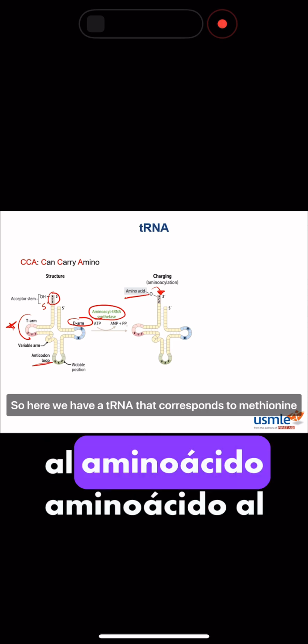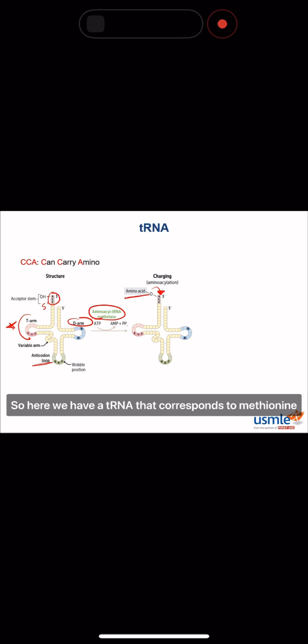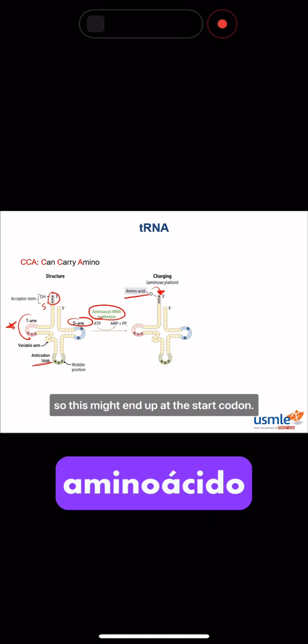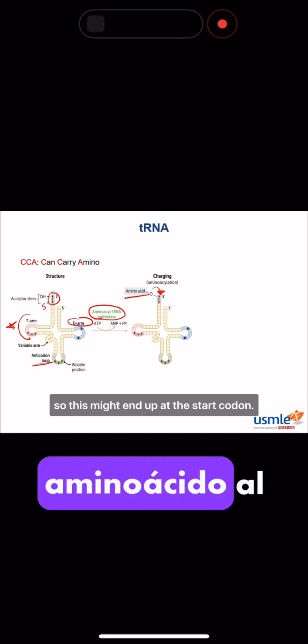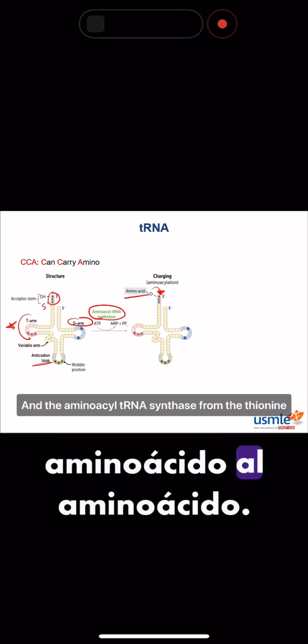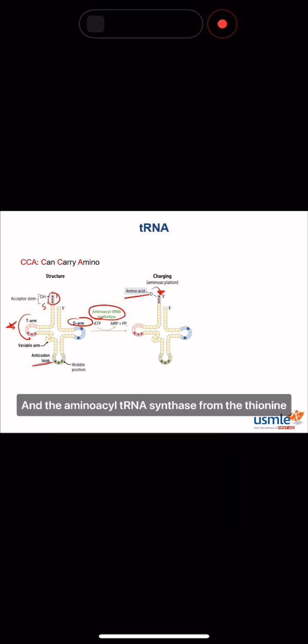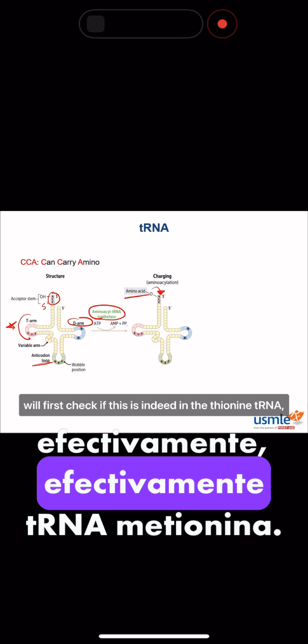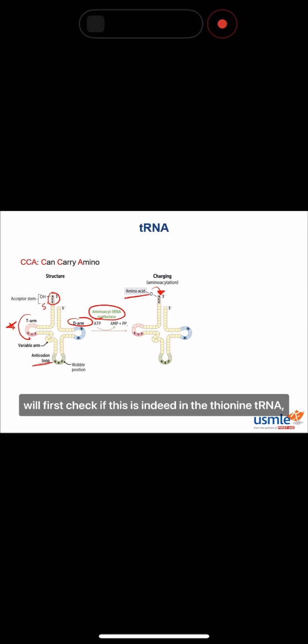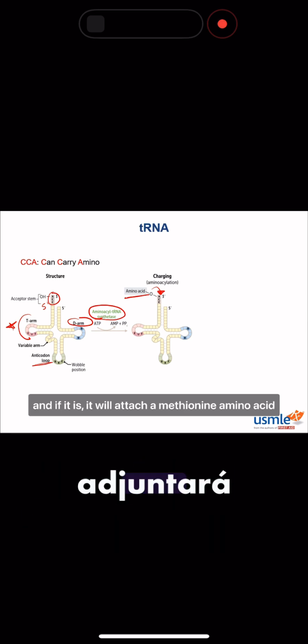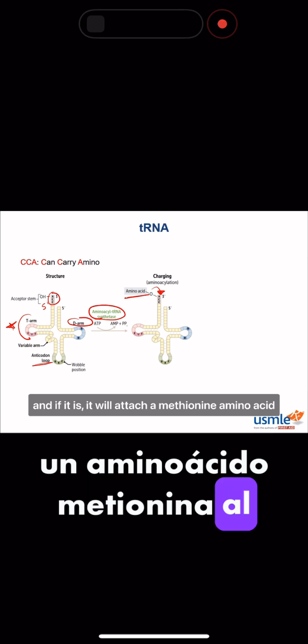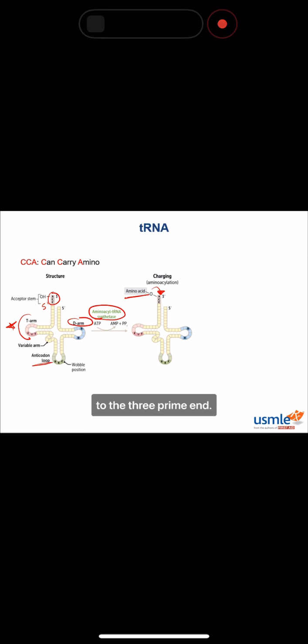So here we have a tRNA that corresponds to methionine, so this might end up at the start codon. And the aminoacyl tRNA synthetase for methionine will first check if this is indeed a methionine tRNA, and if it is, it will attach a methionine amino acid to the 3' end.